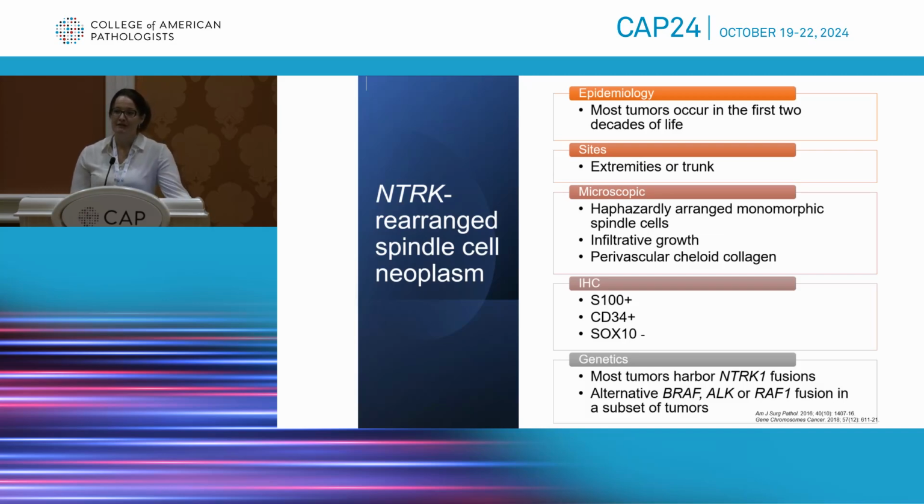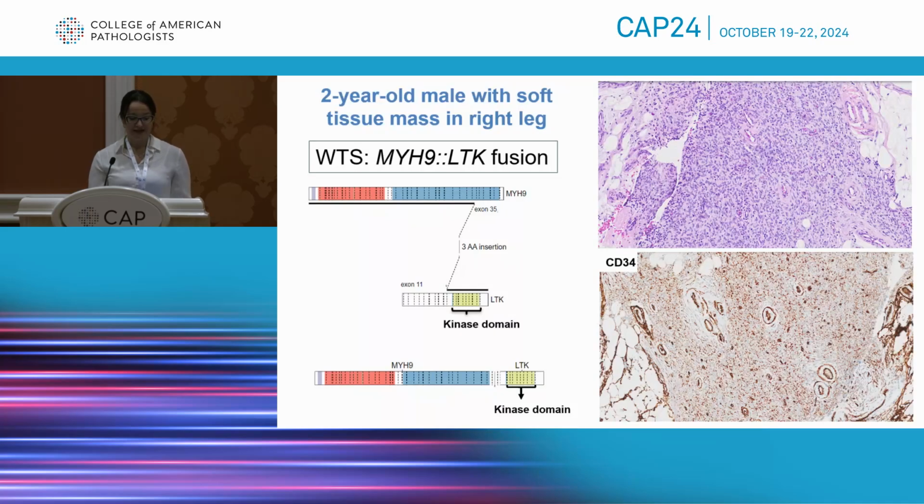NTRK1 fusions, but it is now known that these tumors can actually be driven by different kinase fusions, including ALK, BRAF, RAF, and others that have been described. So in that case, we did whole transcriptome sequencing, and we detected a fusion involving LTK, which is a kinase gene that has high homology with ALK and also can activate the RAS MAPK pathway.